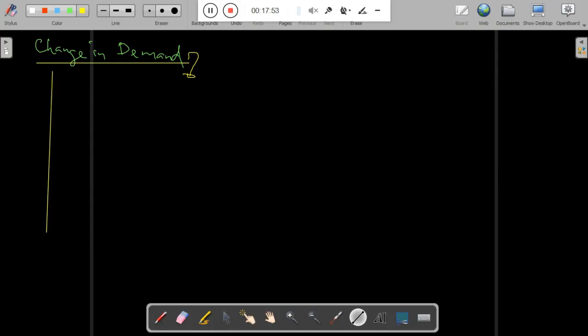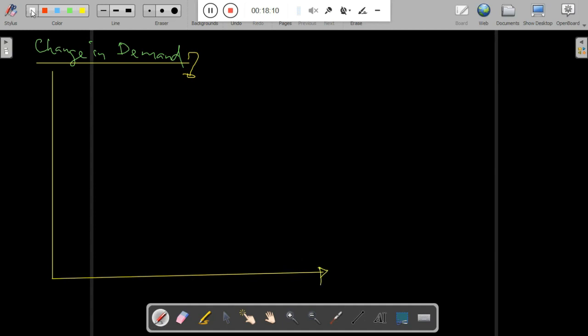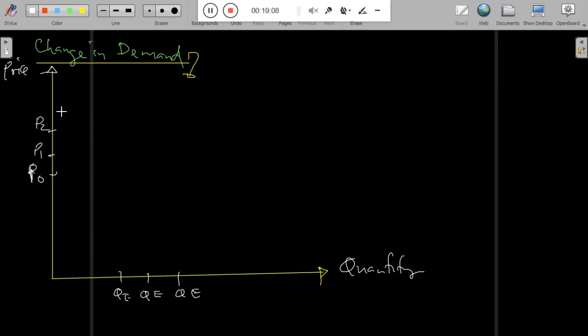So any change of demand can be demonstrated in this form of graph. We have the quantity on the x-axis, and the price level. So the change of condition of demand can be shown like this. Suppose the price is at P0, at the level of equilibrium, then the quantity is QE.